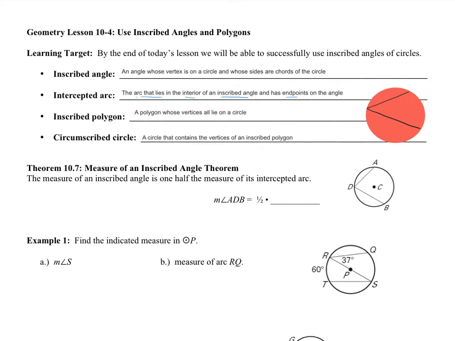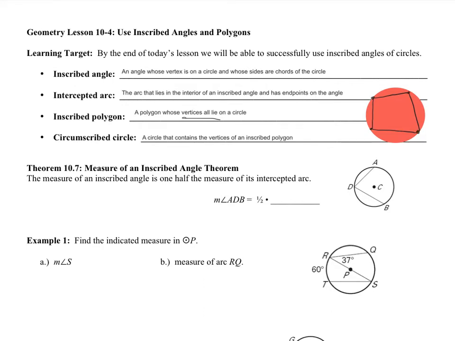And for the inscribed polygon, we would have, for example, maybe a quadrilateral whose vertices all lie on the circle.